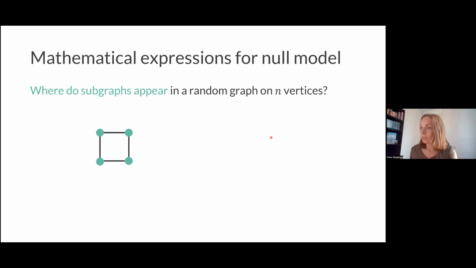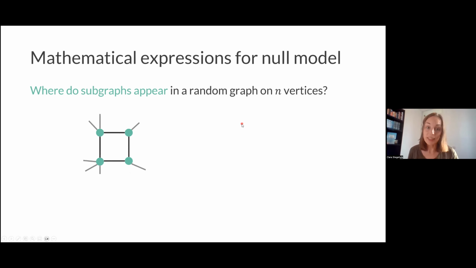Suppose I'm interested in these squares. If I find a square somewhere in my big network, the nodes on which this square appears have specific degrees. So in this case, degree 4, 3, 3, 5.